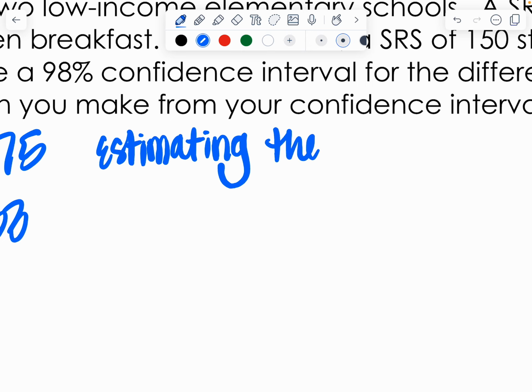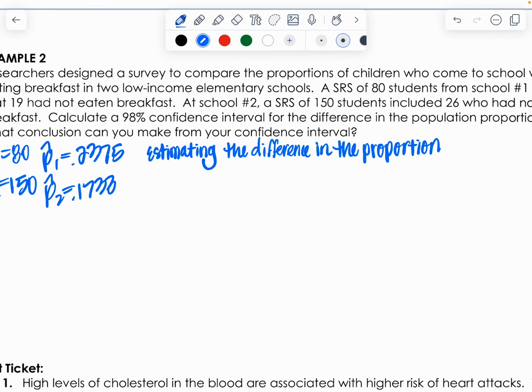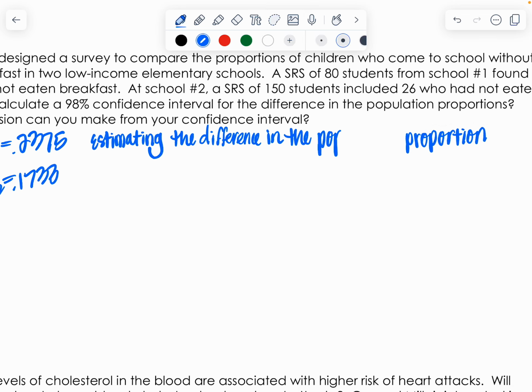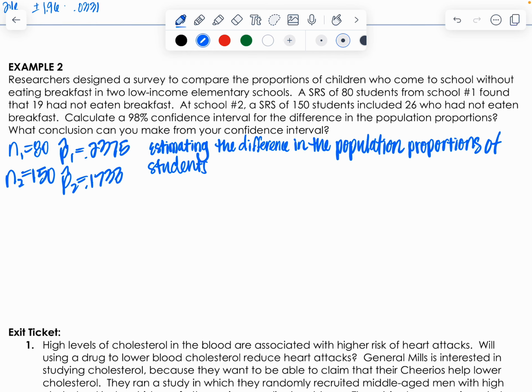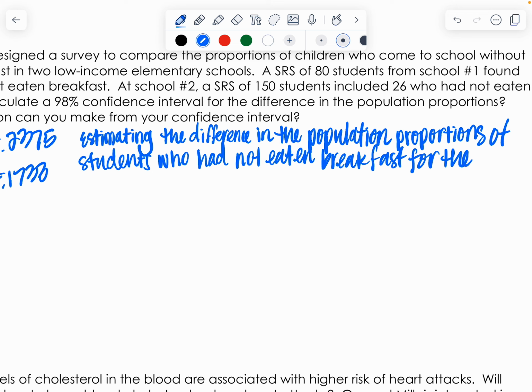So estimating the difference in the population proportions of students who had not eaten breakfast at the 2 schools.